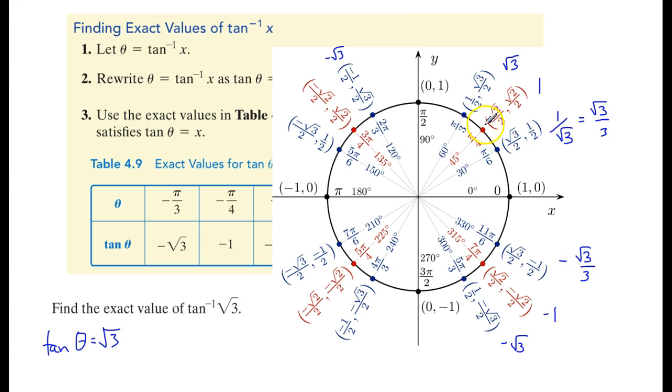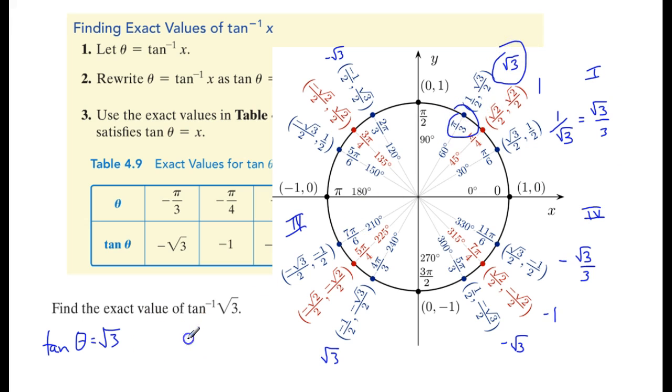Well, for it to be positive, that would be either here or here. This will also have a tangent of the square root of 3. But because this is down here in quadrant 3, and arctangent is again only defined between quadrants 1 and 4, the one that we're after is this one.